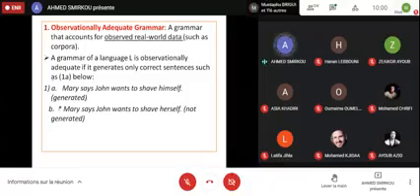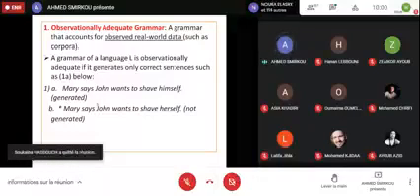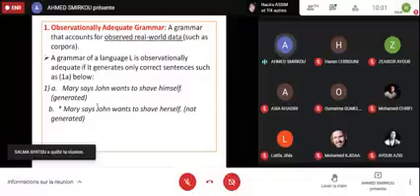As for John wants to shave himself, this sentence is correct in terms of word order, in terms of word selection. Mary, the subject, says, the verb, the VP, etc. So a grammar which is observationally adequate generates only correct sentences, sentences that respect the linear order of words.